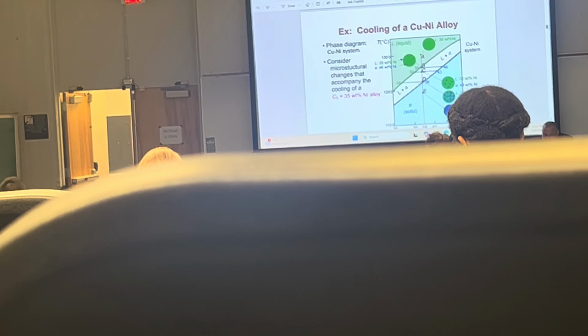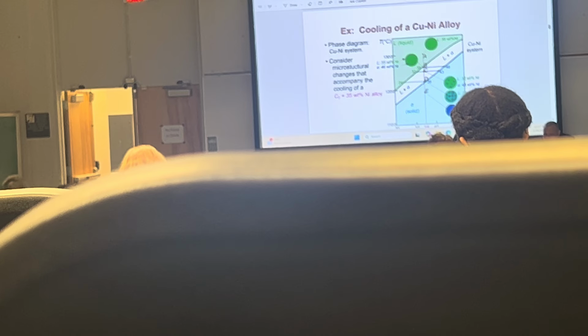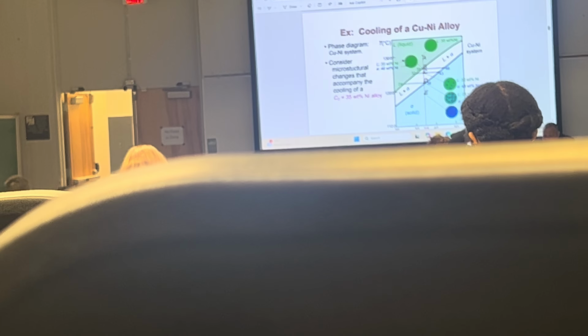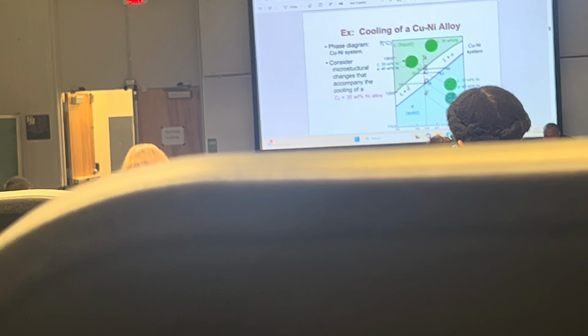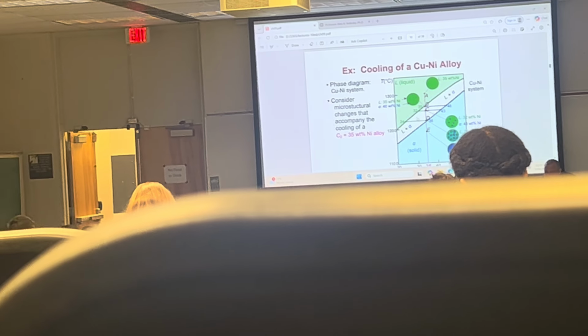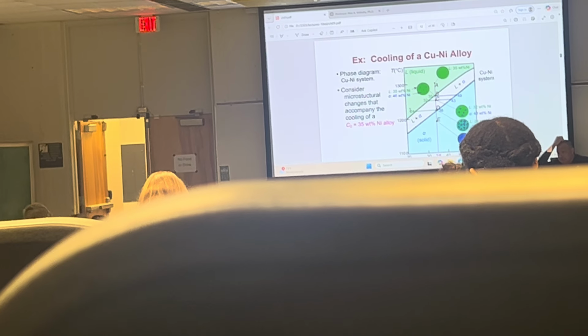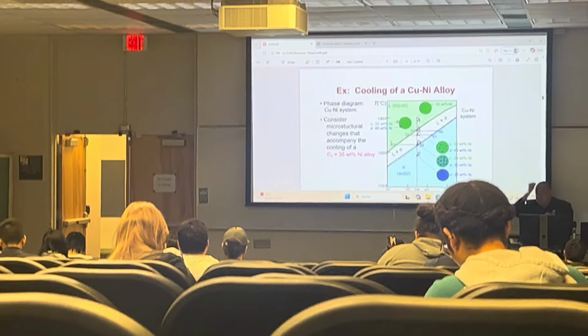Then we continue to drop the temperature down to this point D. This grew, and the composition of the solid phase is 36%, and the composition of the liquid phase is 24%. So you see that more nickel goes into the solid, into these nuclei, and it's a diffusion process.